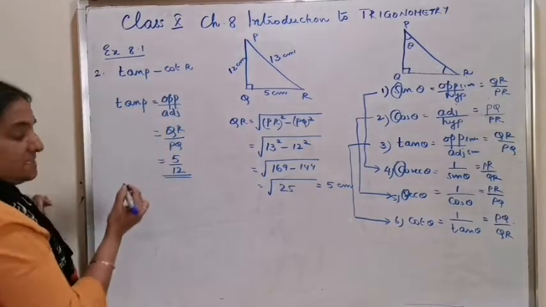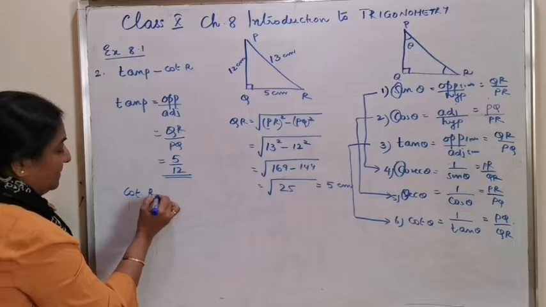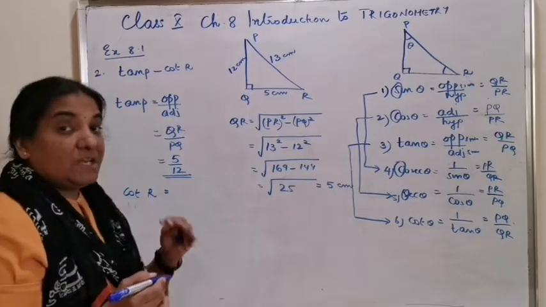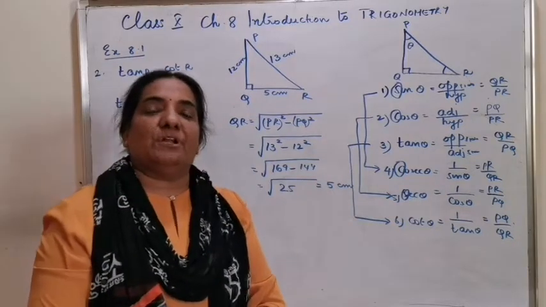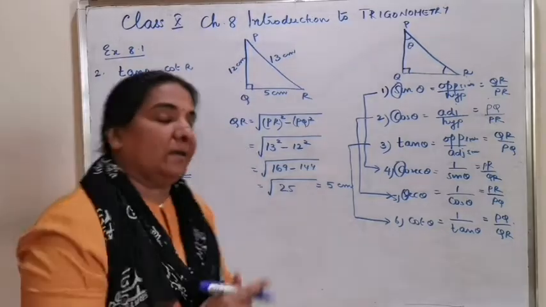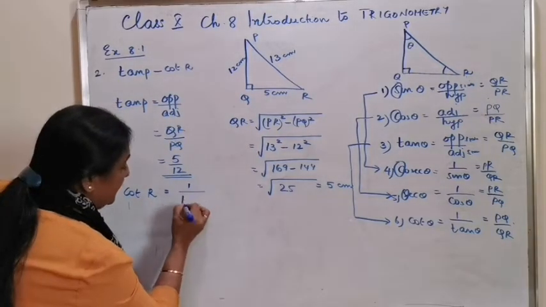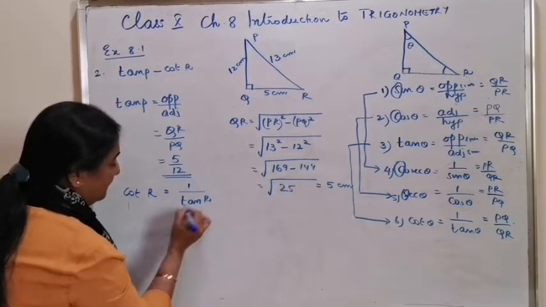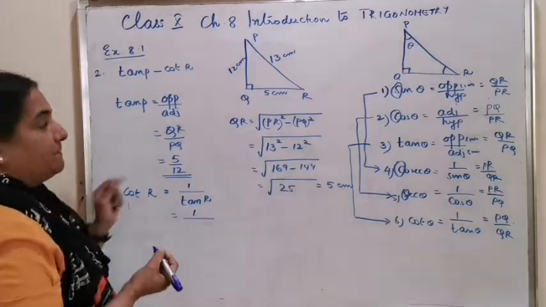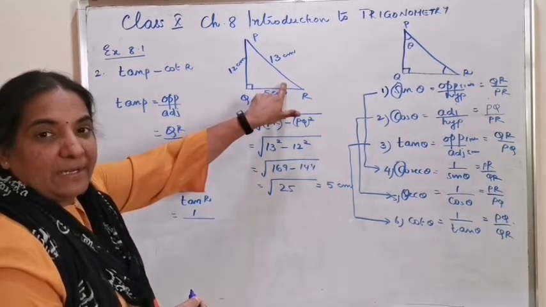Now the next is cot R. As we have seen, cot is the reciprocal of tan R. You can write it as 1 by tan R. What is tan R value?